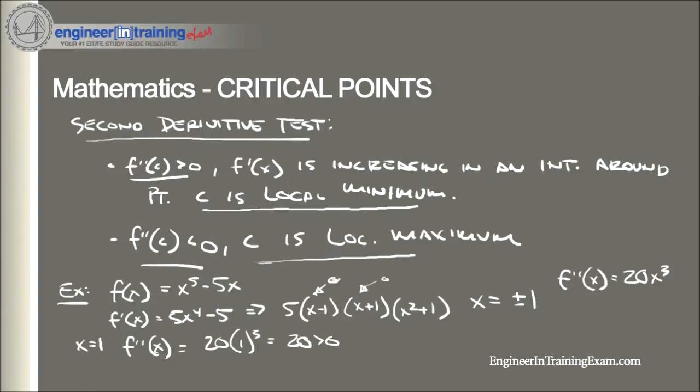And since that is greater than 0, then we know that at 1, that's going to be a local minimum. Now f double prime of x at x is equal to -1, we got negative 20, which is less than 0. So at negative 1, that function is actually a local maximum.